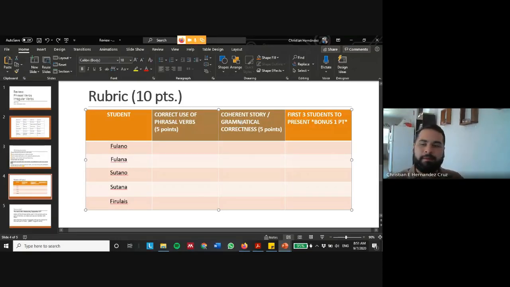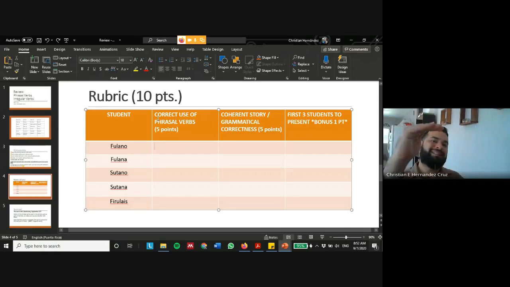Let's say that you're writing the sentence in the past tense, but then you use the phrasal verb in the present tense. That would be -1 because you need to make sure that you use these phrasal verbs correctly. You have to conjugate those verbs.